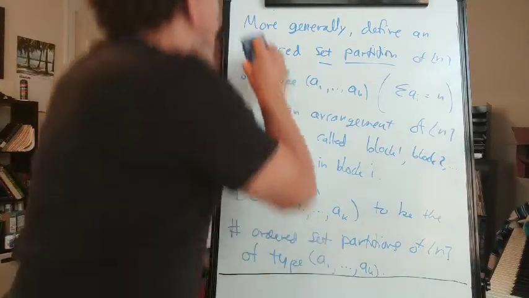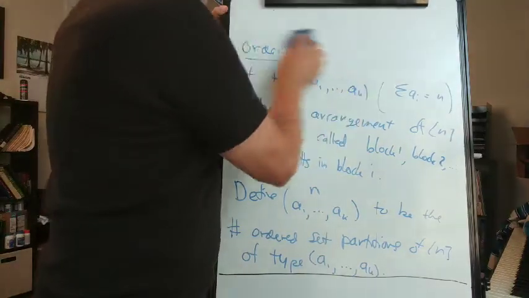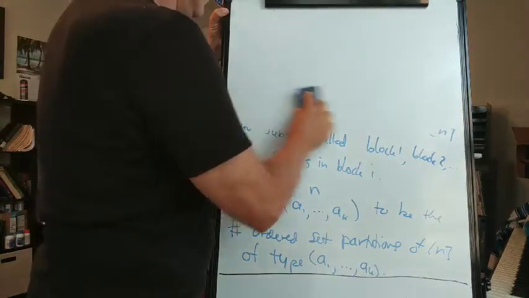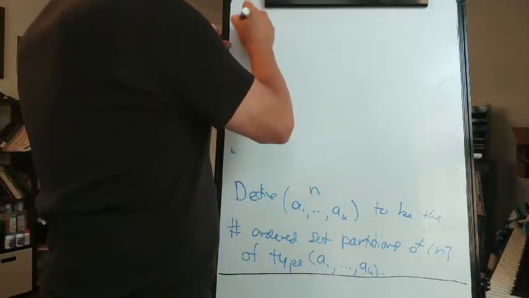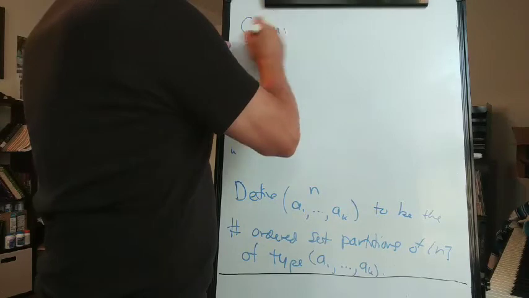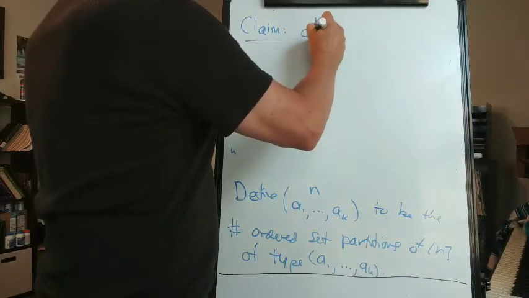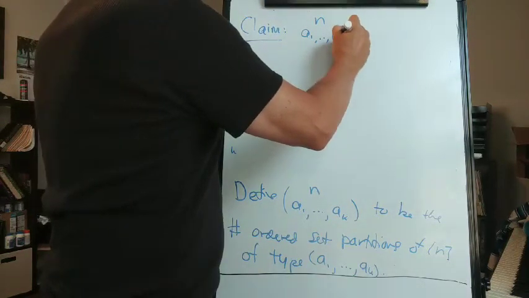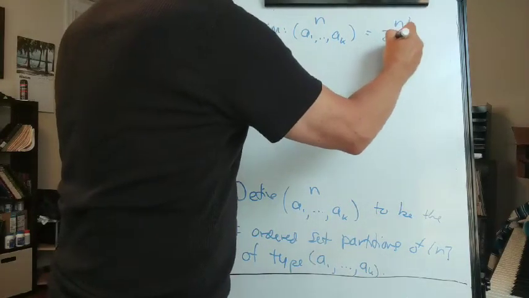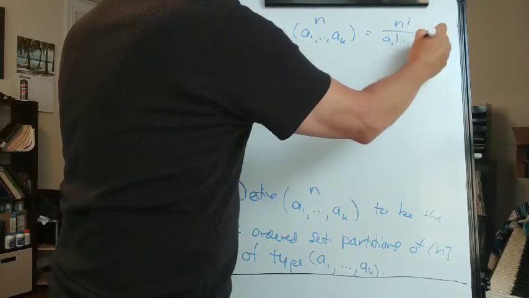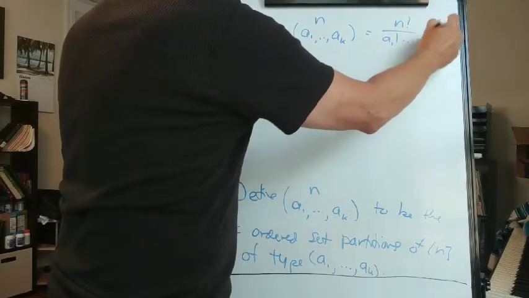Now I claim that the number of these is n factorial over a1 factorial dot dot dot up to ak factorial.